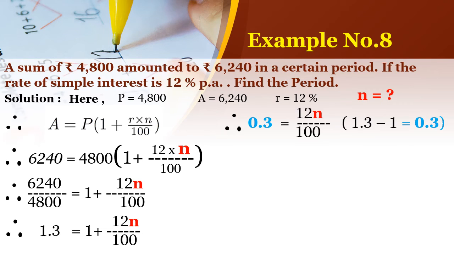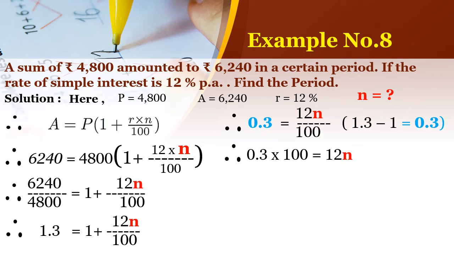Next step, therefore 0.3, how will it come, so 1.3 minus 1, so we get the answer here 0.3 is equal to 12n upon 100. So we transfer the 1 here. So 1.3 minus 1. So we get the figure here. This 100 is divided here. We transfer it to the other side.